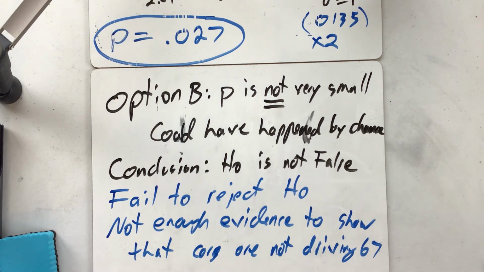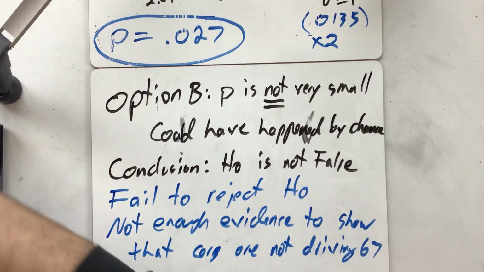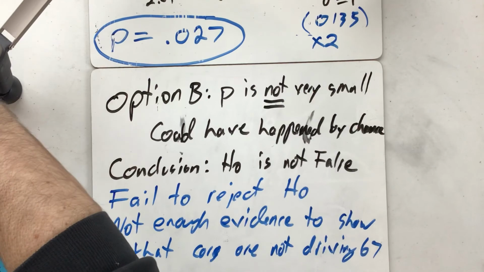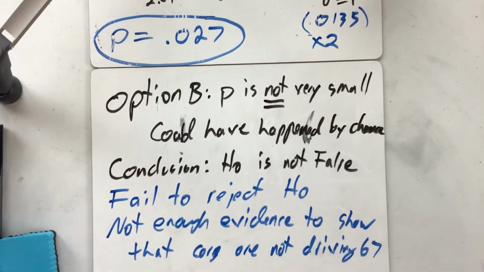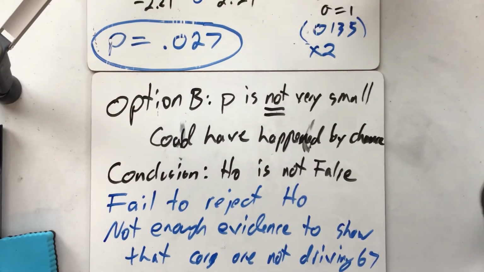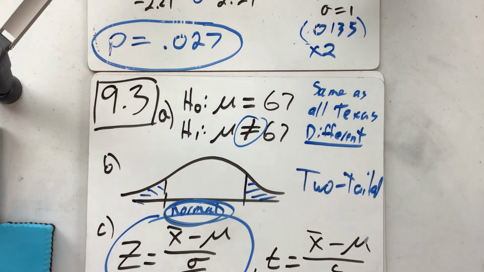We've only said there's not enough evidence to conclude anything else. This is why it's important that your H naught, your default assumption, is what it should be if there's nothing interesting happening. So notice our H naught was always the nothing-to-see-here assumption. For our problem, H naught was that our drivers were the same as all of Texas. So if we don't have any evidence to point in the other direction, the most logical conclusion is to say they're all the same as Texas.